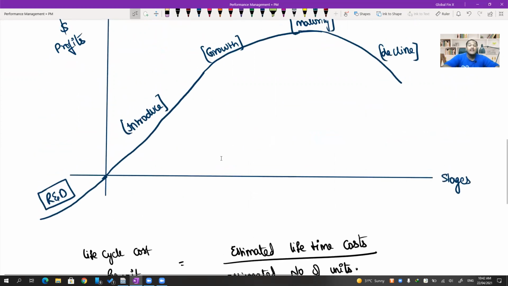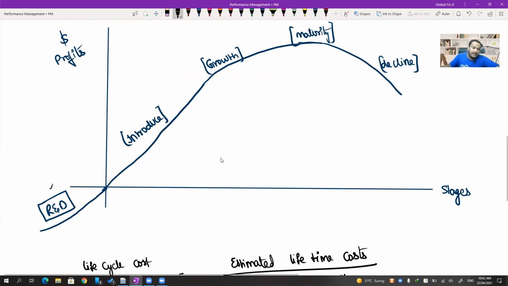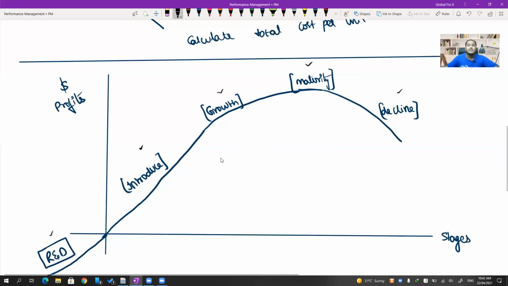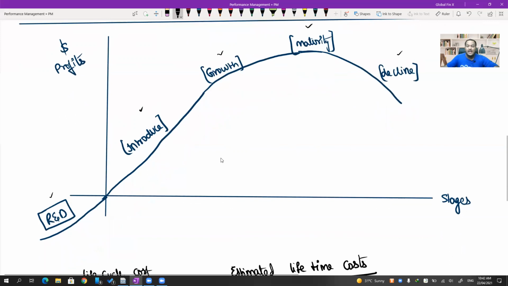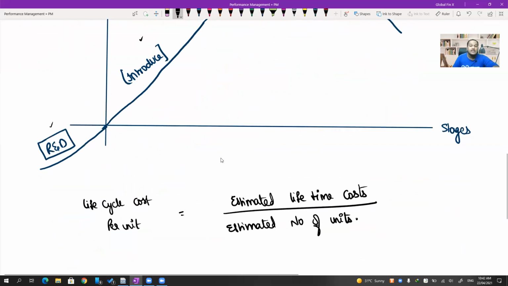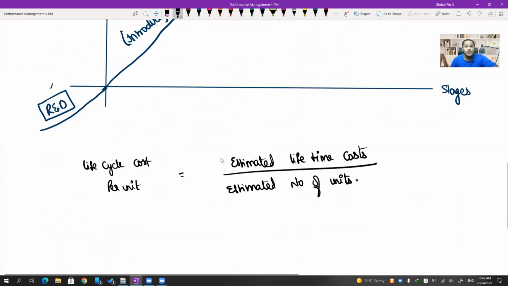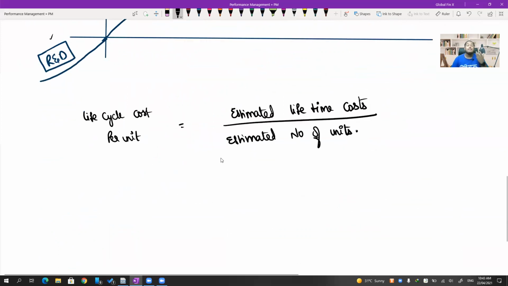I am calculating the cost incurred at research and development, introduction phase, growth phase, maturity phase, decline phase, all the different types of costs. I am assuming at the beginning of the period itself, estimating it and dividing by the estimated number of units to calculate the estimated lifetime cost of a unit.